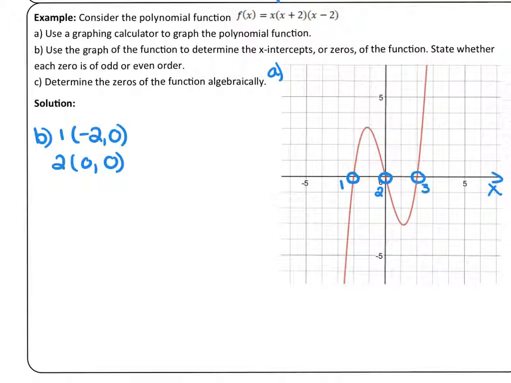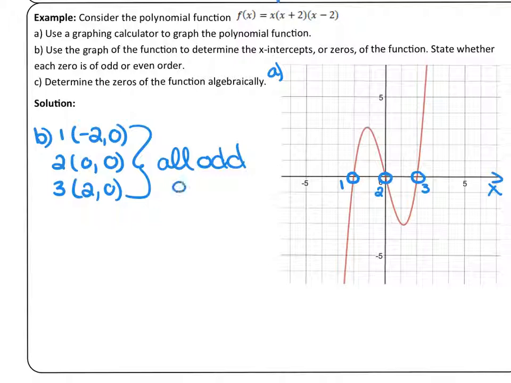And at 3, it crosses at +2 and 0. State whether each zero is of odd or even order. Since they don't just touch and they actually go through, these would all be odd order zeros. The more questions you do, you'll see other examples of the even ones.